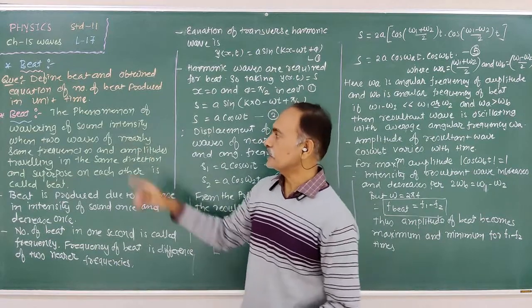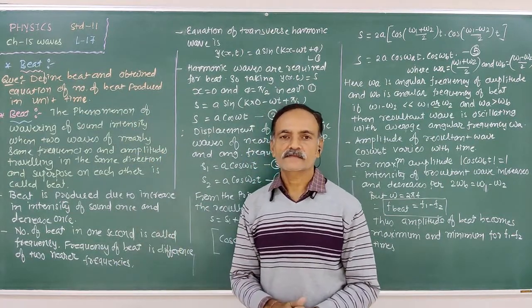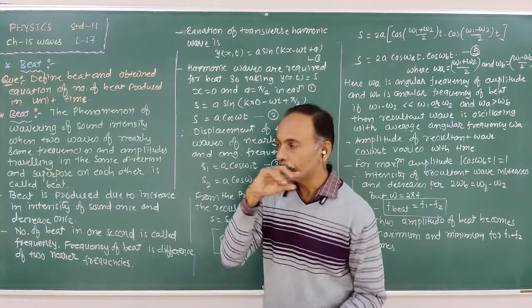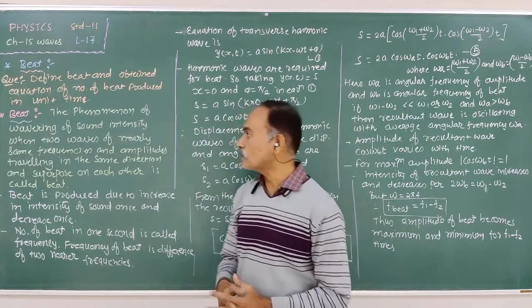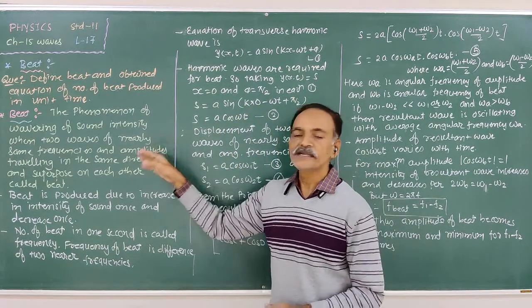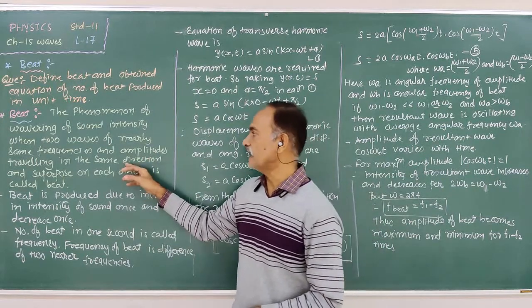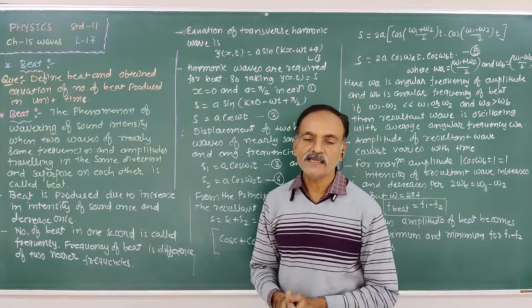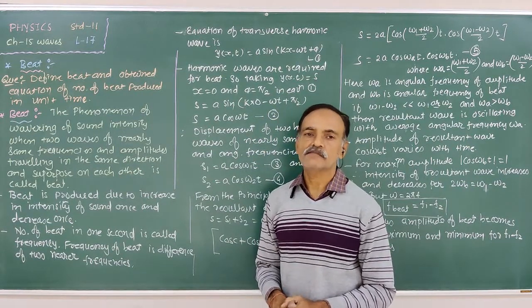During the superposition, the sound intensity slightly varies, and that is known as the beat. Again, the phenomenon of varying of sound intensity when two waves of nearly same frequency and amplitude travel in the same direction and are superposed on each other is known as beat.